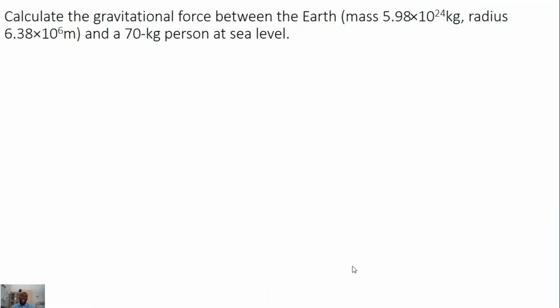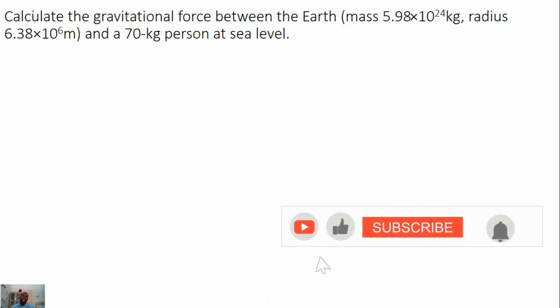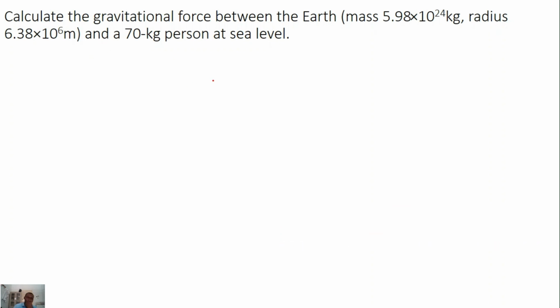Let us apply the formula that we learned earlier in this calculation. They said we should calculate the gravitational force between the earth and a 70 kg person at sea level.